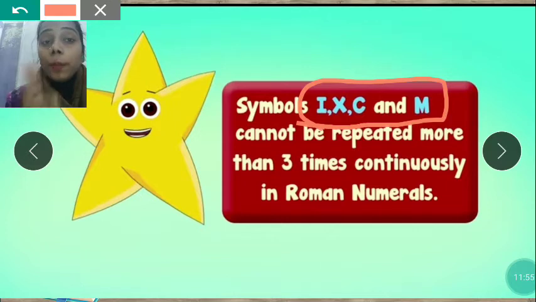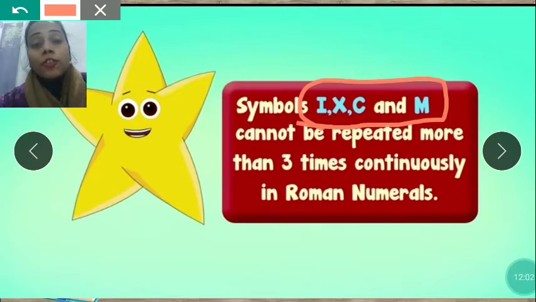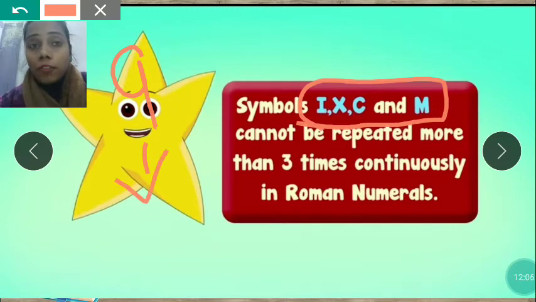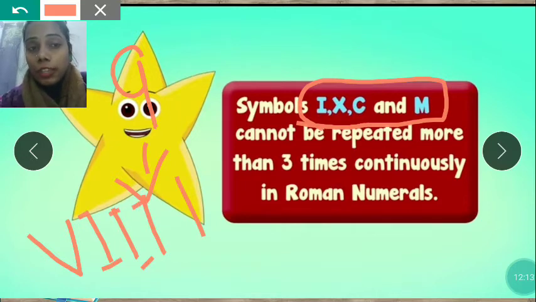We cannot repeat these symbols continuously in any number. As you have seen, to write the number 9 in Roman form, we have not written it like this: V, then 1, 2, 3, 4. We have not written 4 I's.